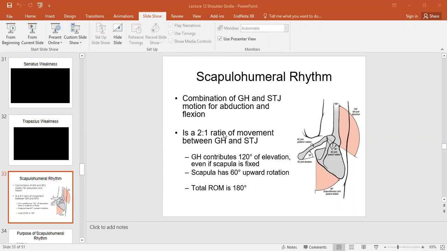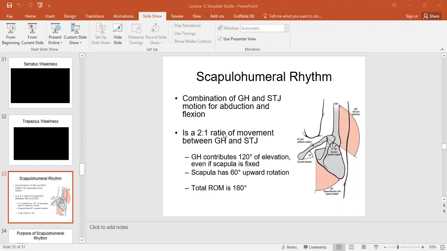How about things that might affect the orientation of the glenoid and the scapula? Right, yeah. So if the scapula is held in a downwardly rotated position or not allowed to elevate, maybe there's some weakness in the serratus, right?